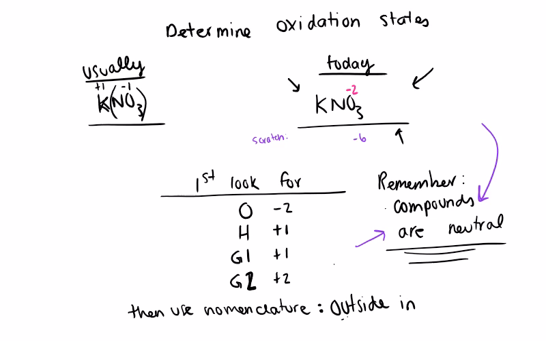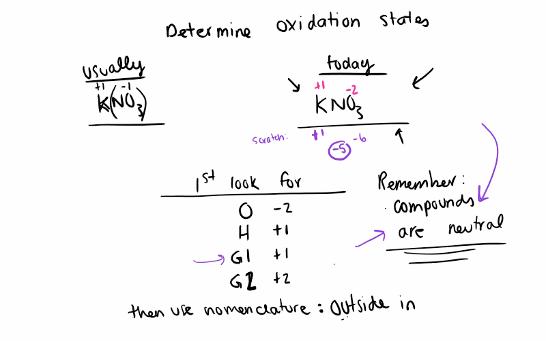So it's paired with potassium. Potassium's in group 1. So it's going to have a +1 oxidation number. +1 times 1 means that right now in my compound, -6 plus 1 is -5.